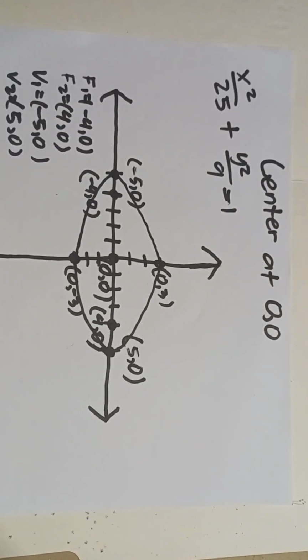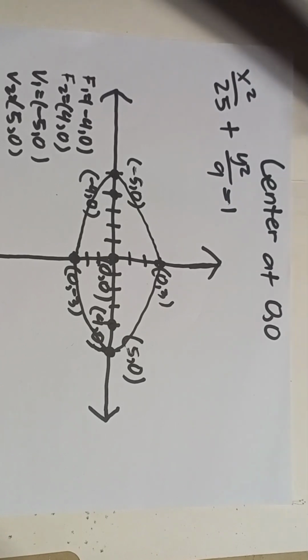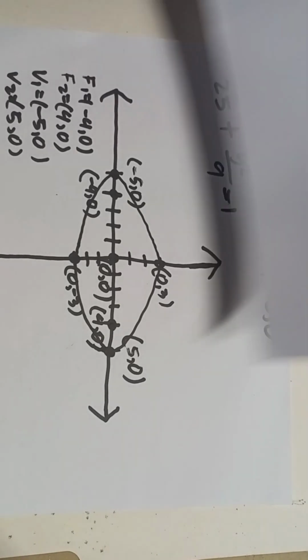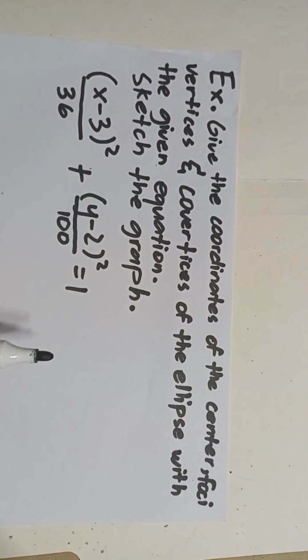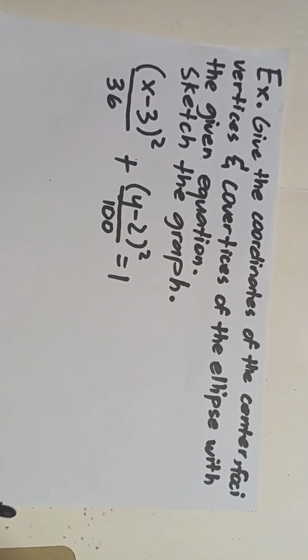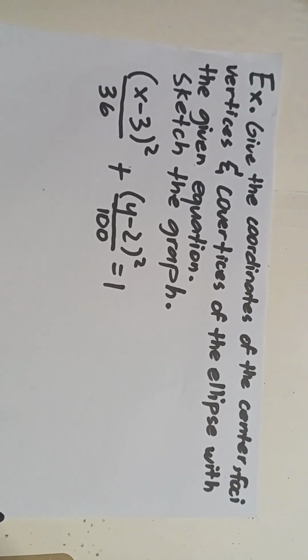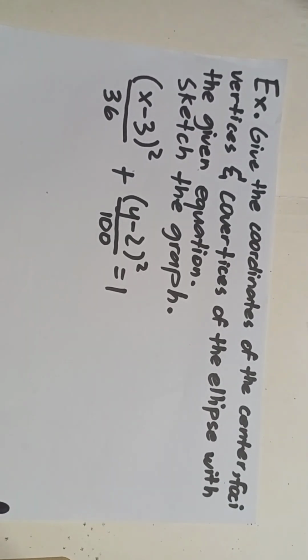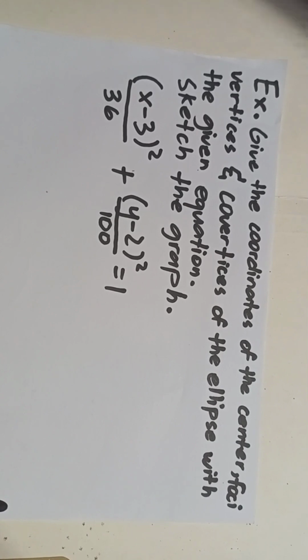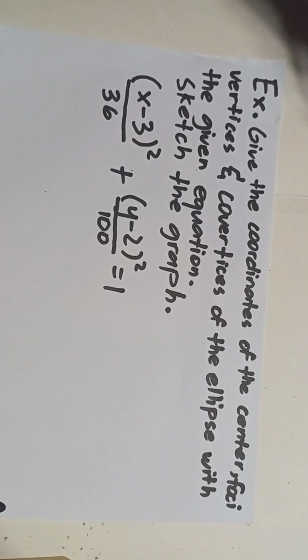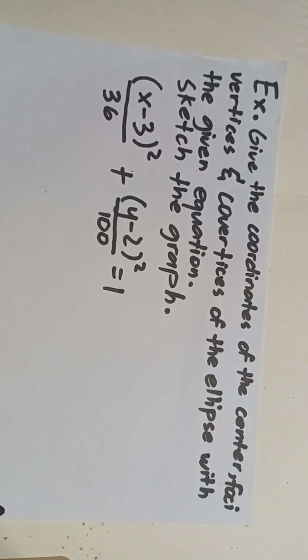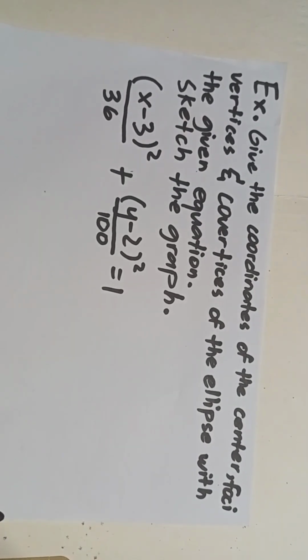So now let's have an example where our center is not at 0, 0. Here, give the coordinates of the center, foci, vertices, and covertices of the ellipse with the given equation and sketch the graph.